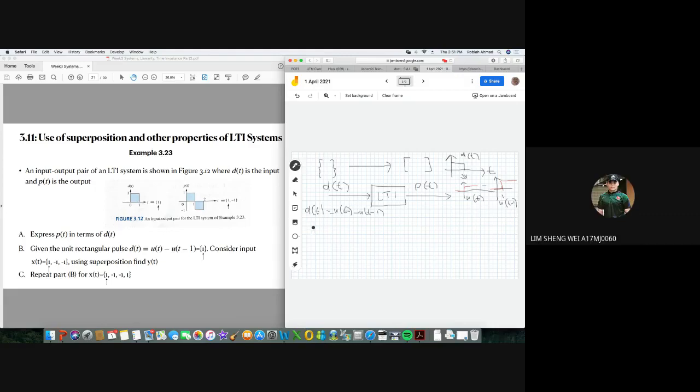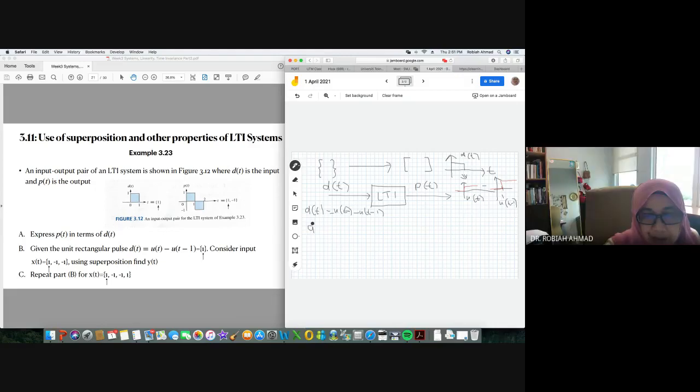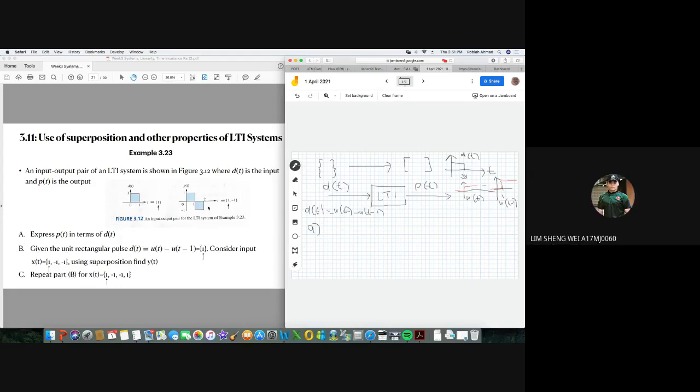So this PT equal to in terms of DT. Kalau kita compare kan PT in terms of DT, so our PT yang ni dia sama dengan DT and then minus T minus 1.